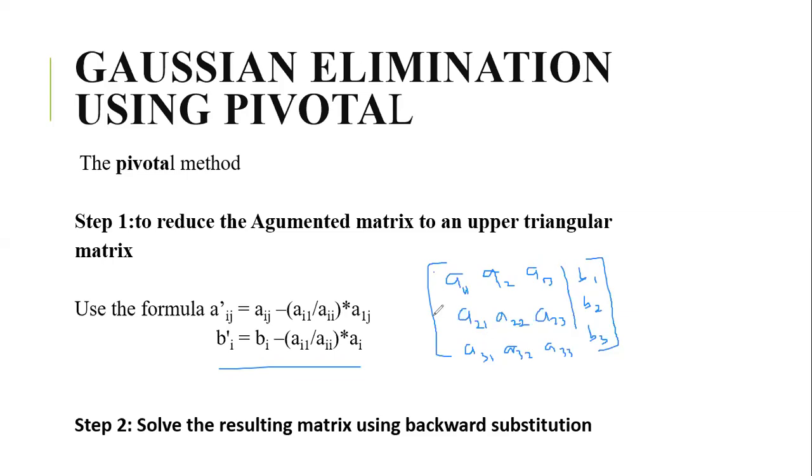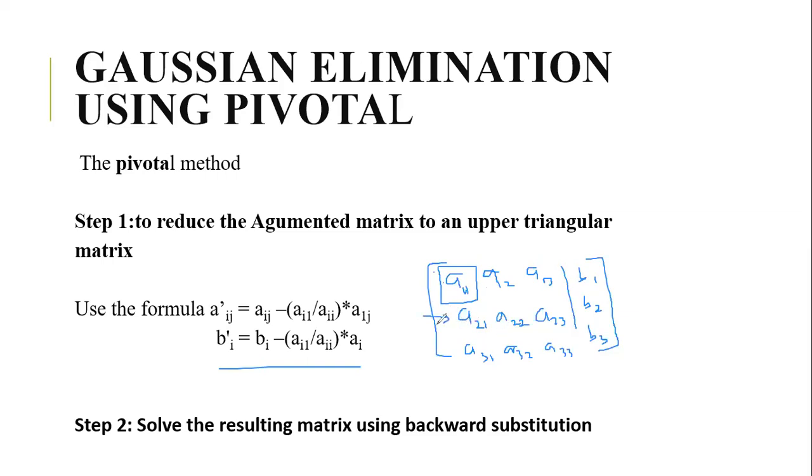But in doing so, like we said, you make use of the first pivot, which will help you to estimate your multiplier. I also mentioned that the multiplier is always the leading coefficient in a row.